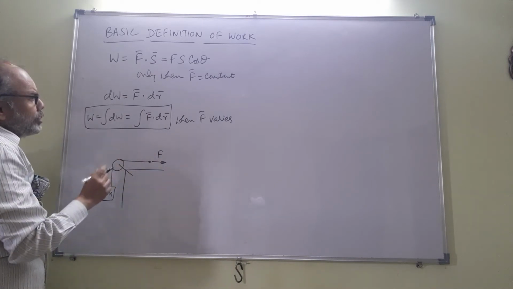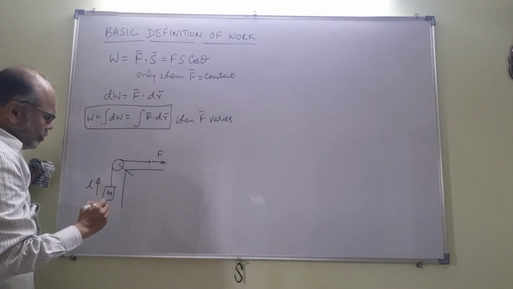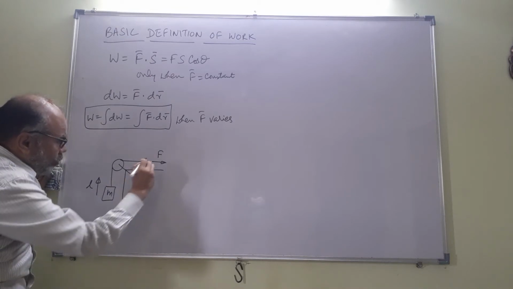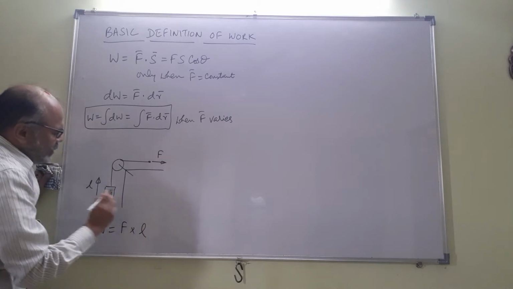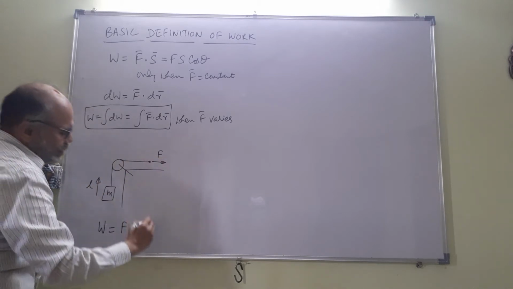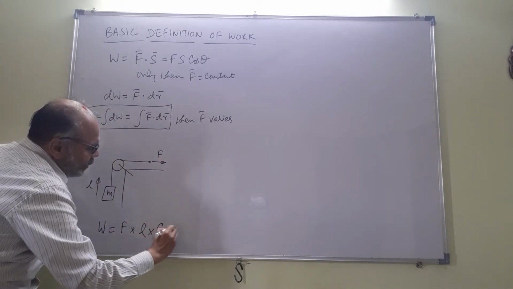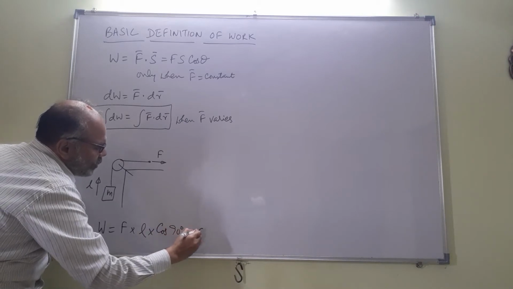The work would be the force into the displacement L. The angle between L and F is 90, so cosine 90. So we would say that the work is 0.